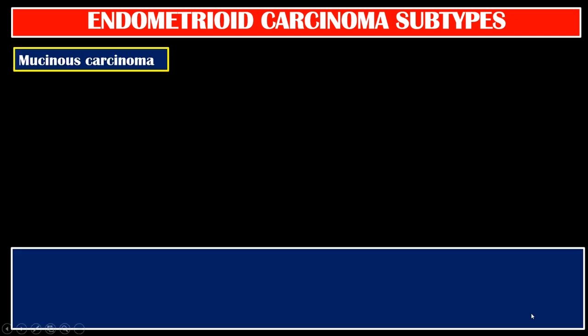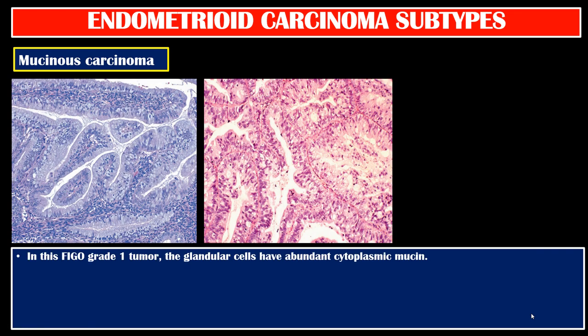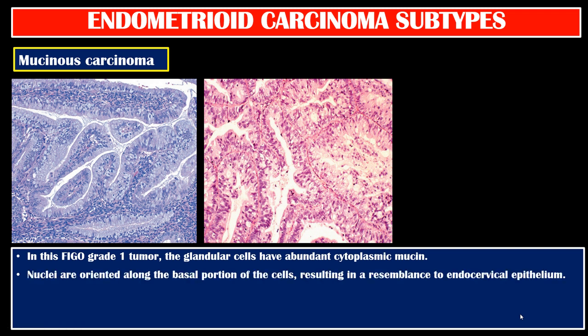Mucinous carcinoma. In this FIGO grade 1 tumor, the gland cells have abundant cytoplasmic mucin. Nuclei are oriented along the basal portion of the cells, resulting in a resemblance to endocervical epithelium.